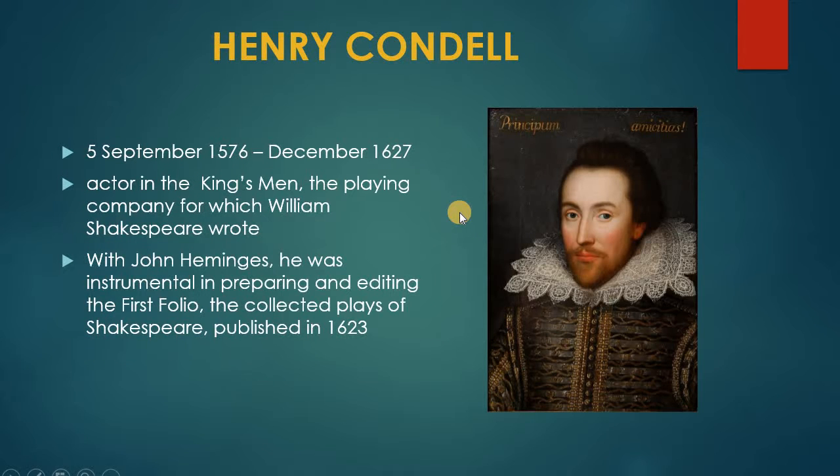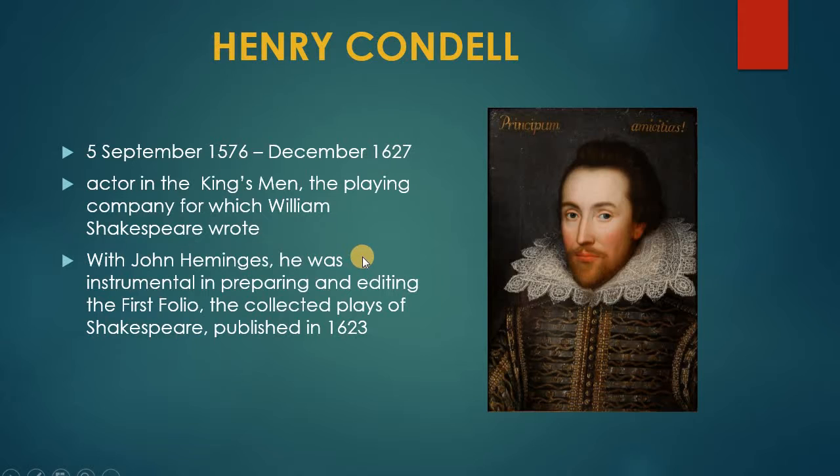Next is Henry Condell, born on September 5, 1576, and died in December 1627. He was an actor in The King's Men, the playing company for which William Shakespeare wrote, because William Shakespeare is the playwright.